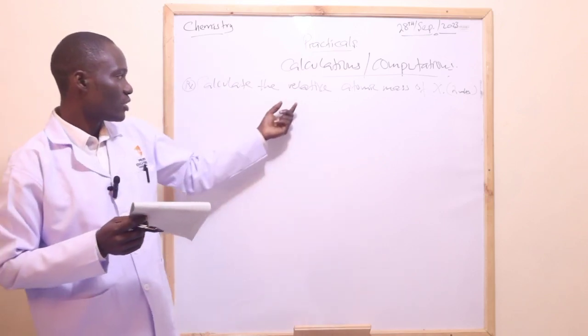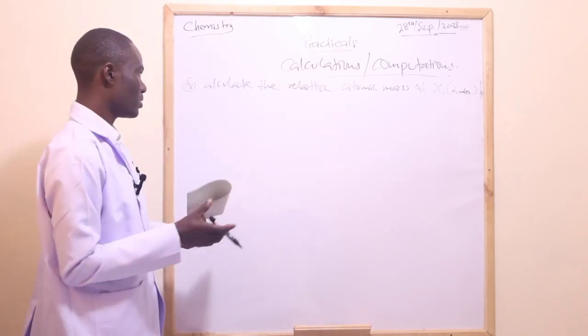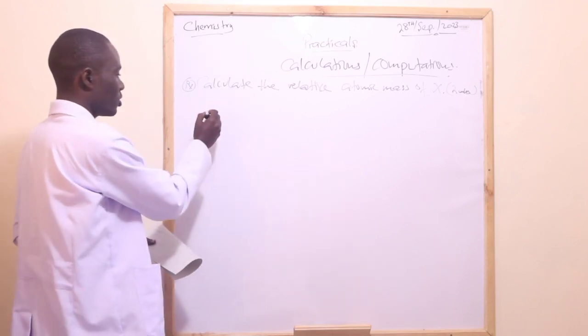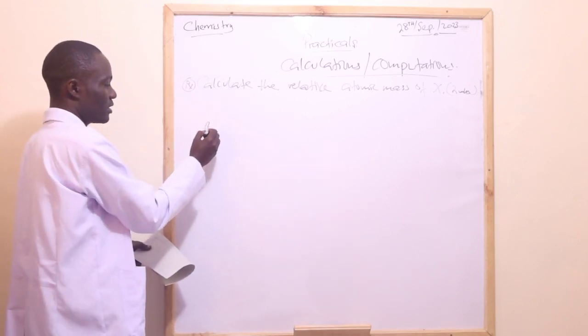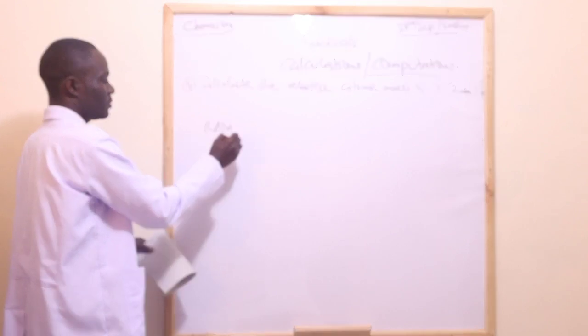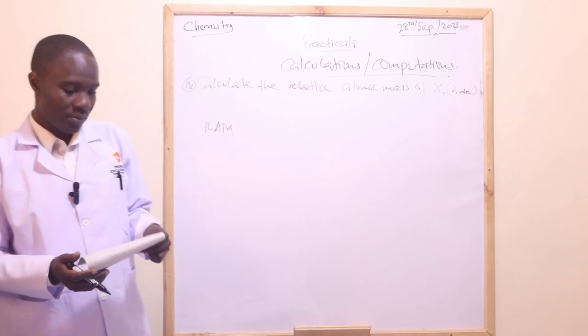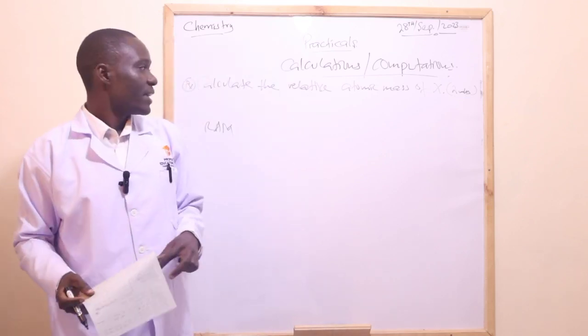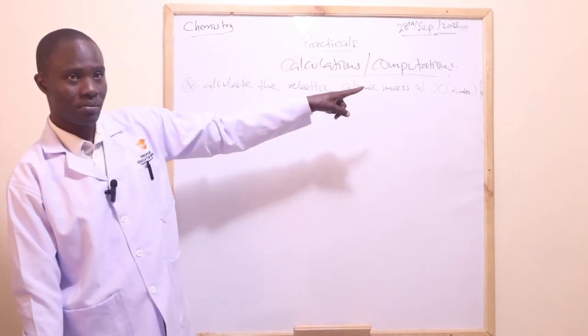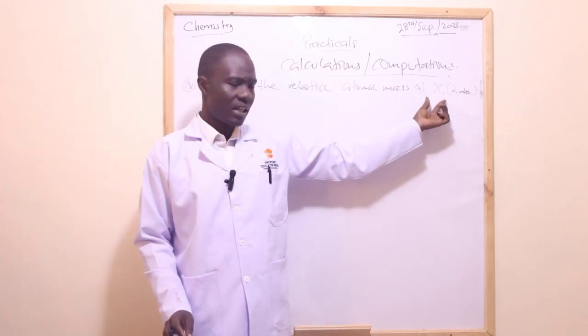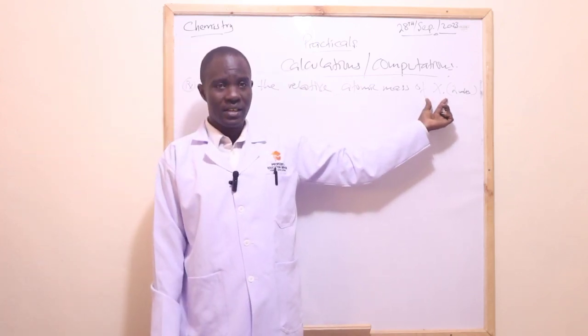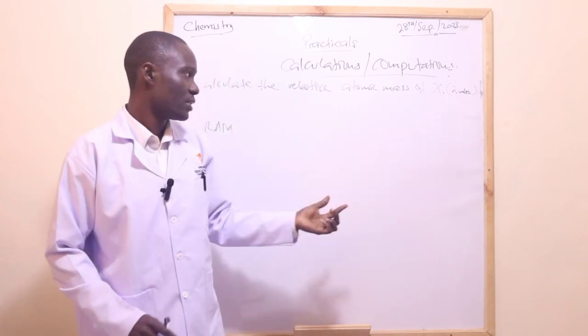The abbreviation of relative atomic mass is what I mentioned in question Roman 3. That is the RAM. R for relative, A for atomic, and M for mass. So the relative atomic mass of X alone. But remember, X is an atom of a metallic element in the compound X carbonate.